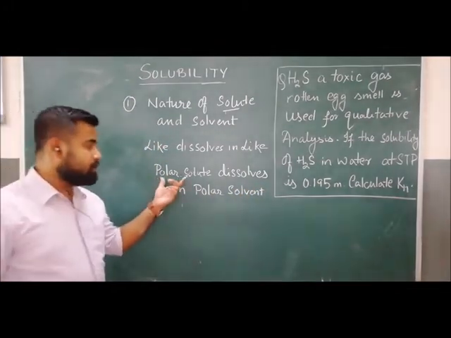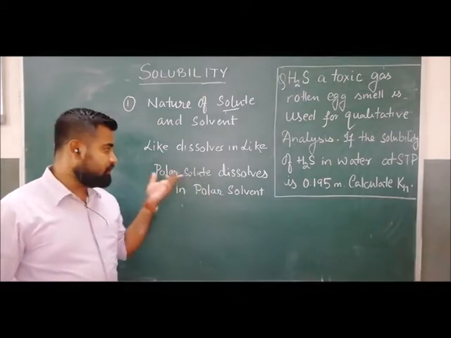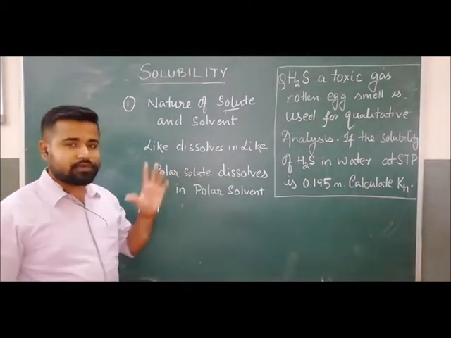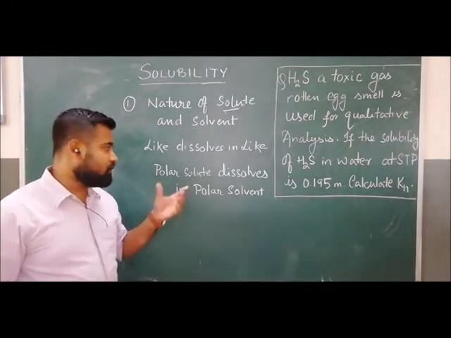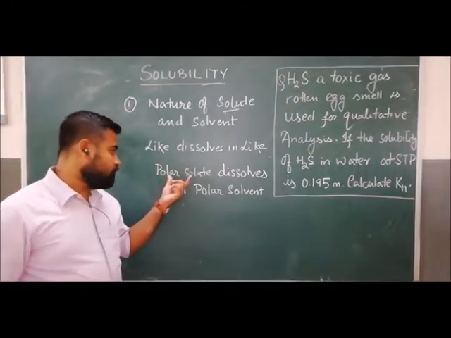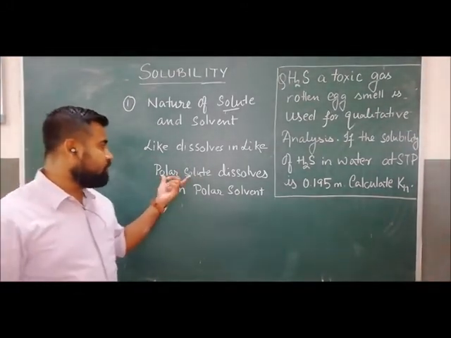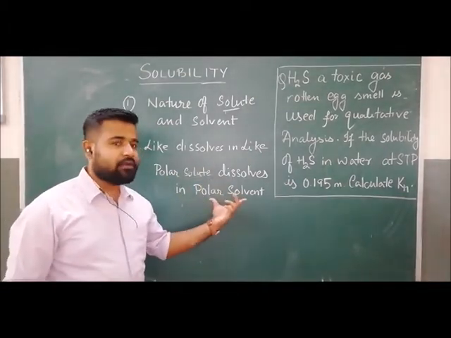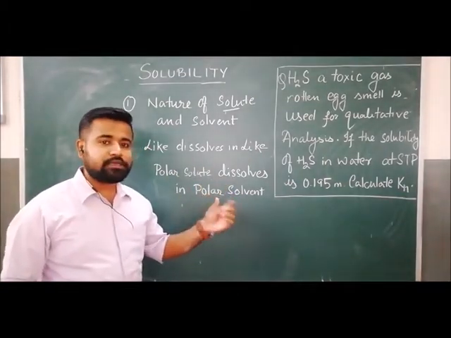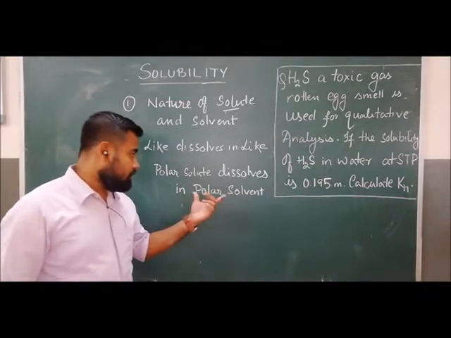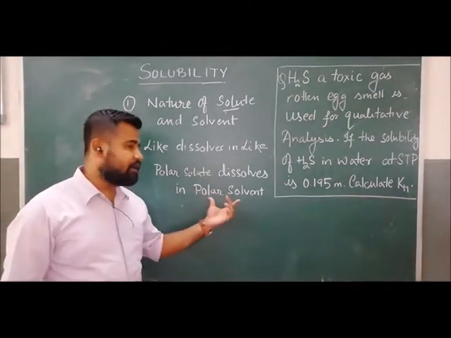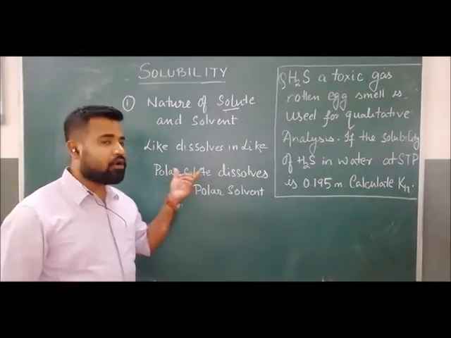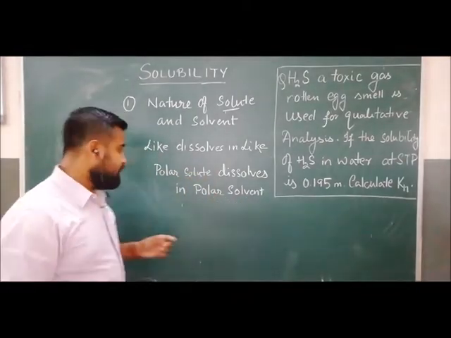The polar solute dissolves in polar solvent, for example NaCl, the common salt which we use to cook food, is a polar solute and dissolves in polar solvent, and one example of polar solvent is water. So, polar solute only dissolves in polar solvent.